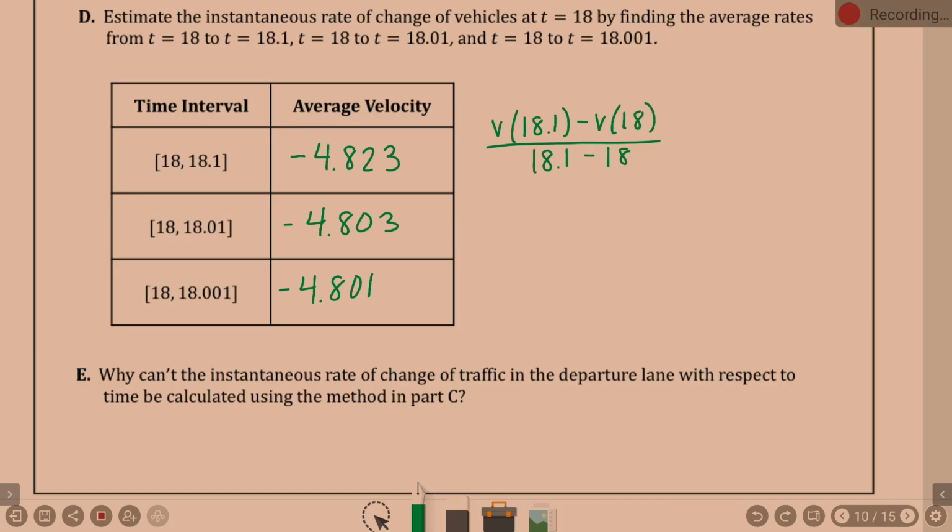Okay. E, why can't the instantaneous rate of change of traffic in the departure lane with respect to time be calculated using the method in part C? Because they want to know the instantaneous rate of change at 18, right?